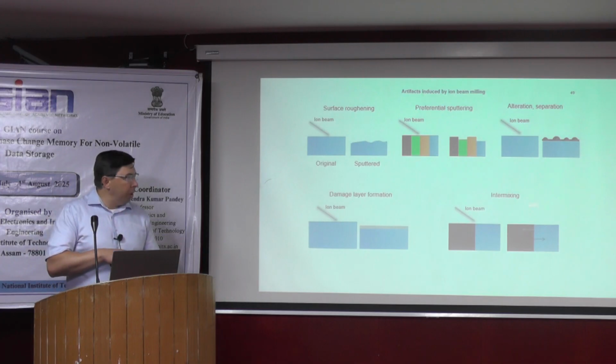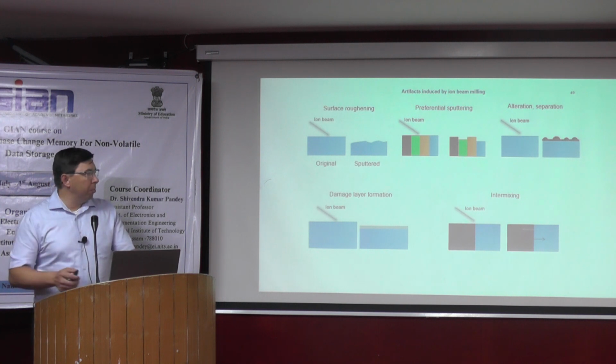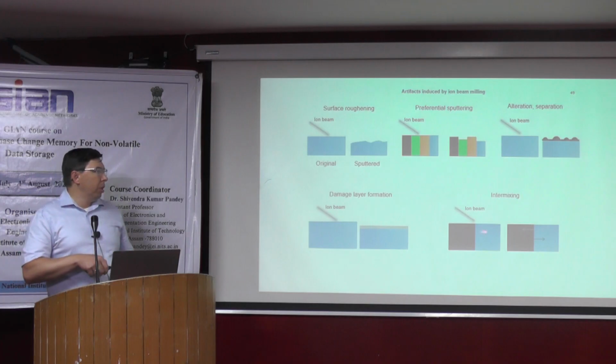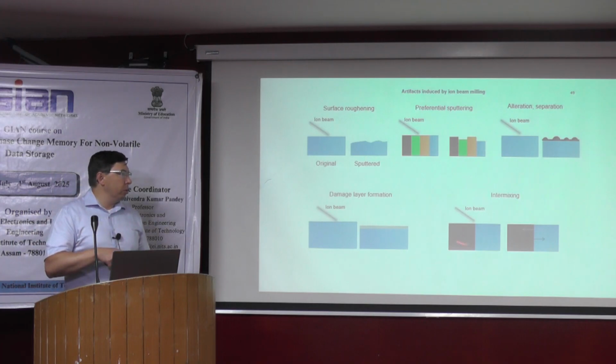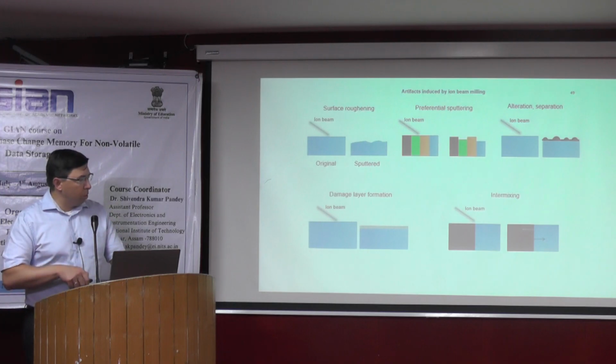Then ion beam can also induce intermixing in your system, because during ion beam milling you heat up your system a little bit, and if you have a highly diffusive system, you can introduce intermixing between two solids.